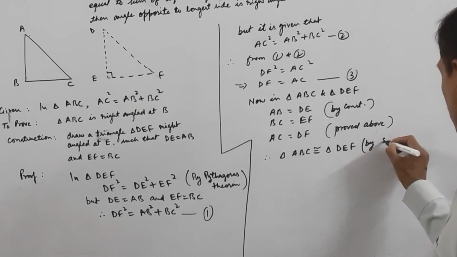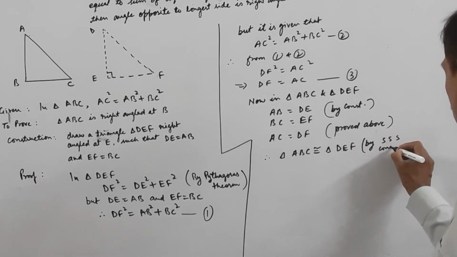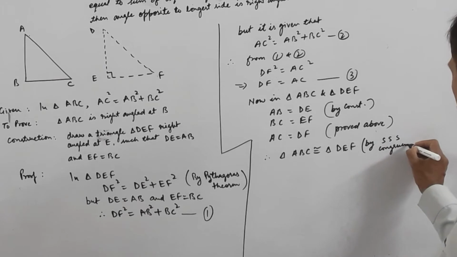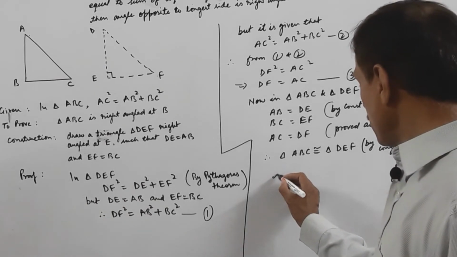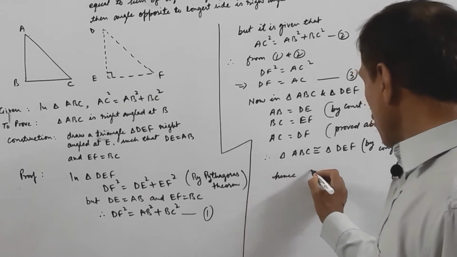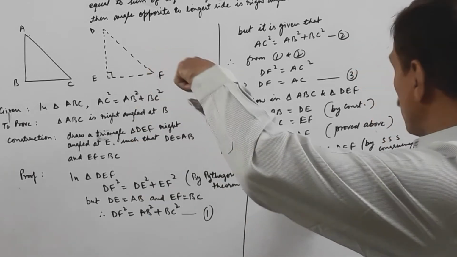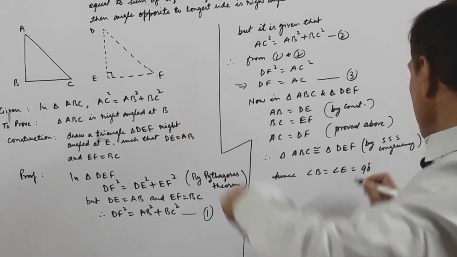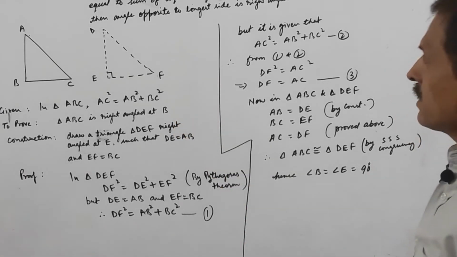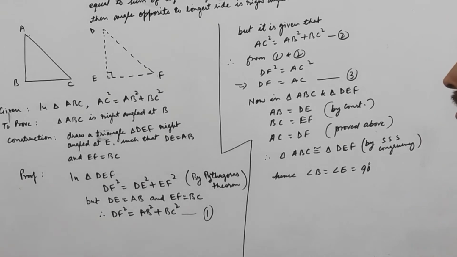Hence, angle B is equal to angle E is equal to 90 degree. Thus, the converse of Pythagoras theorem is proved.